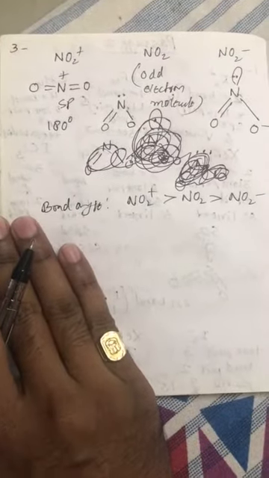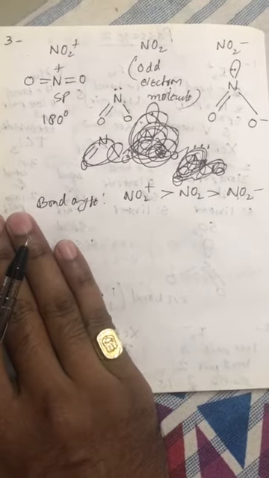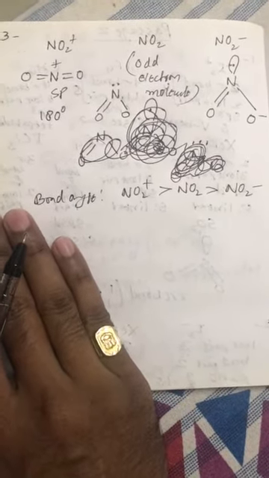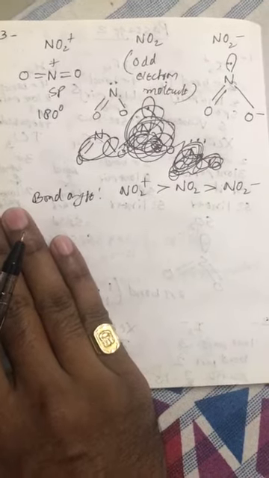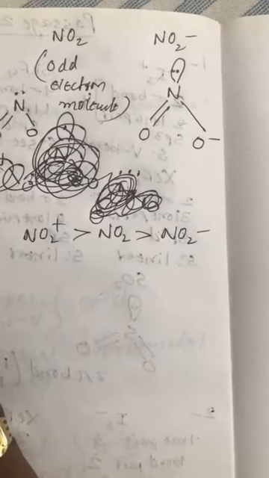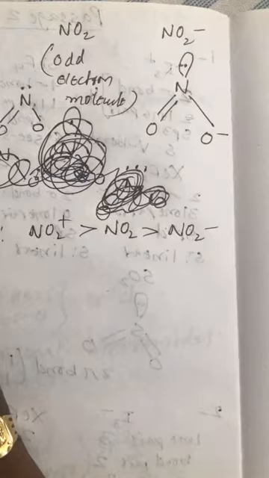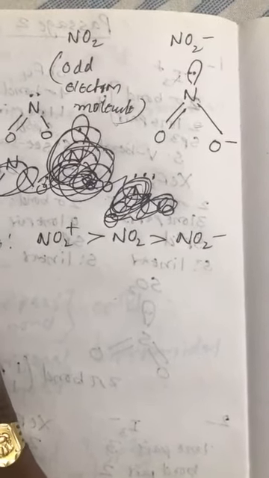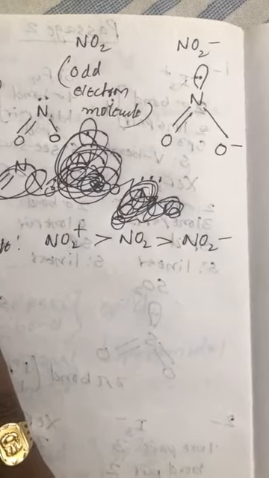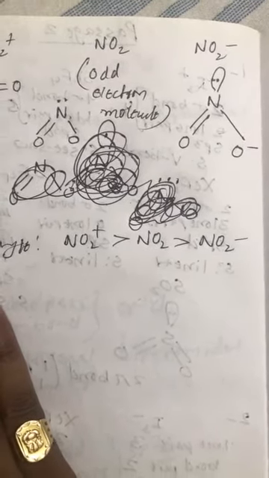Question number 3. Hybridization in NO2 positive is sp, and without lone pair it will give 180-degree angle. So NO2 positive will have largest angle. Now out of NO2 and NO2 negative, bond angle is smaller in the case of NO2 negative because of greater bond pair lone pair repulsion, while NO2 is odd electron molecule, so its structure cannot be drawn.